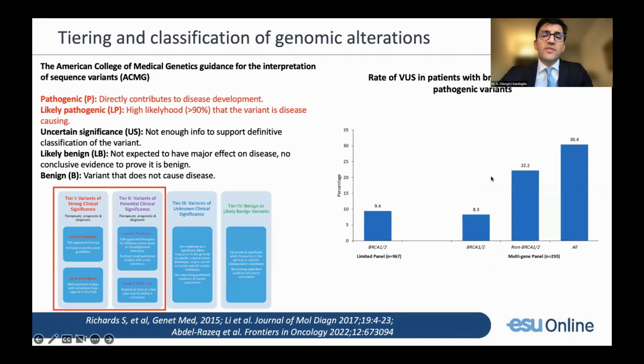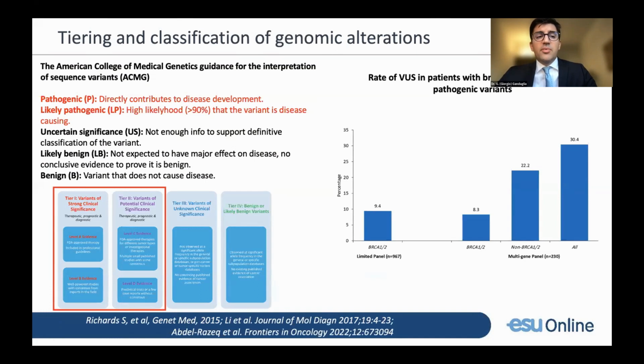We should also know the classification for genomic alterations, and we should know that not all variants are associated with an increased risk of a disease or with therapeutic, prognostic, or diagnostic consequences.